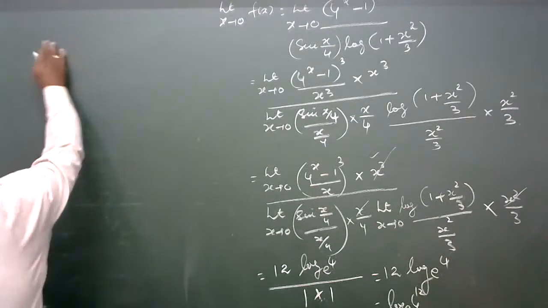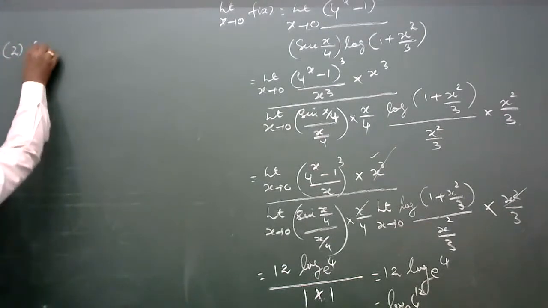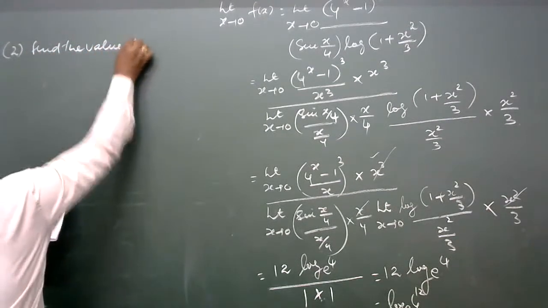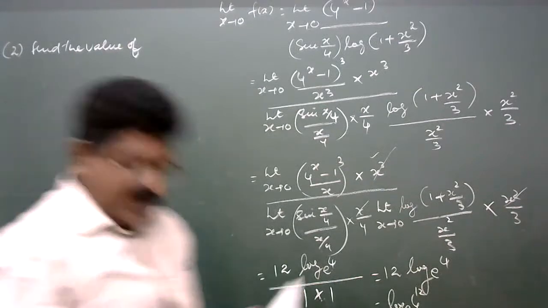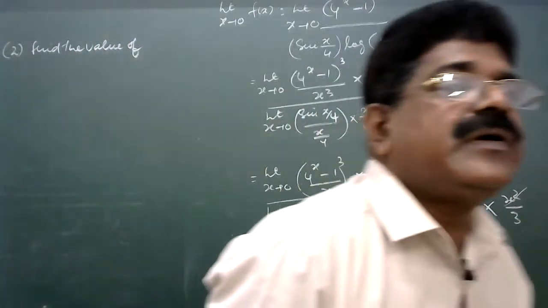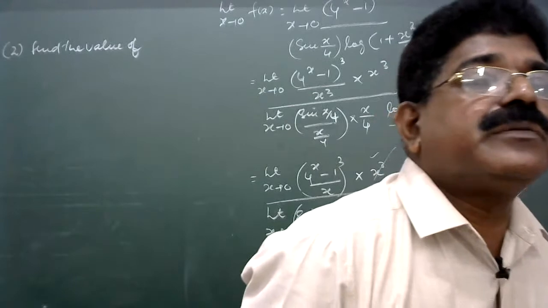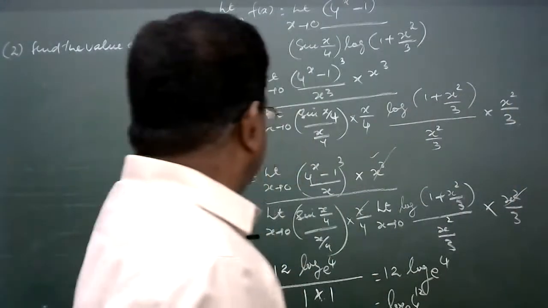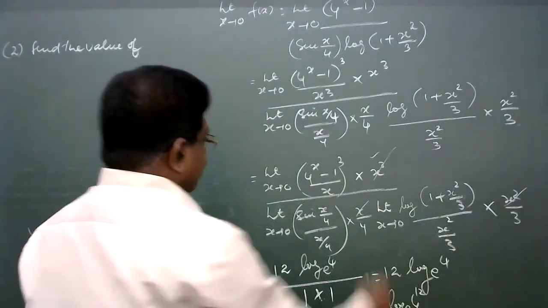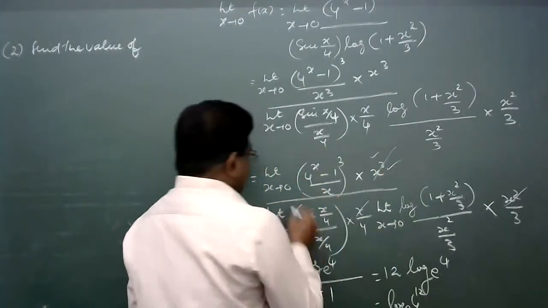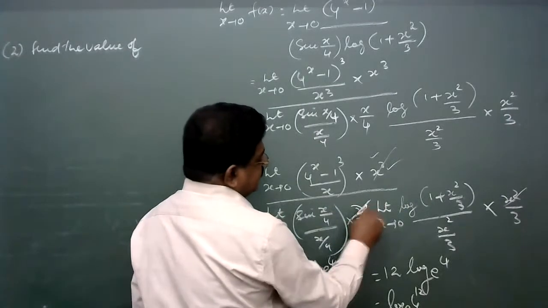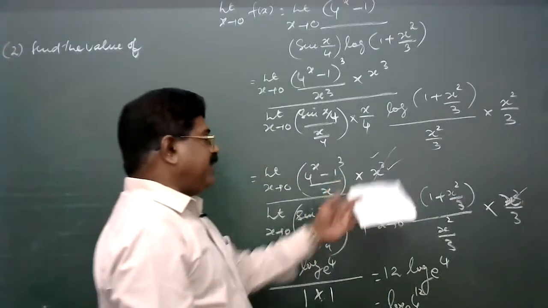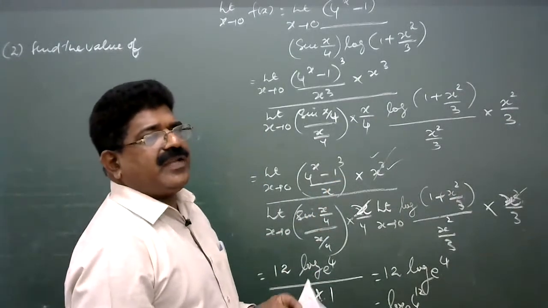Now the second question, find the value of. Any comment there? Someone is asking that the cube will also be there in the numerator. Yes, the cube is there, but in the denominator, x into x squared is x to the power 3. x to the power 3 upon x to the power 3 cancels. That is 1.